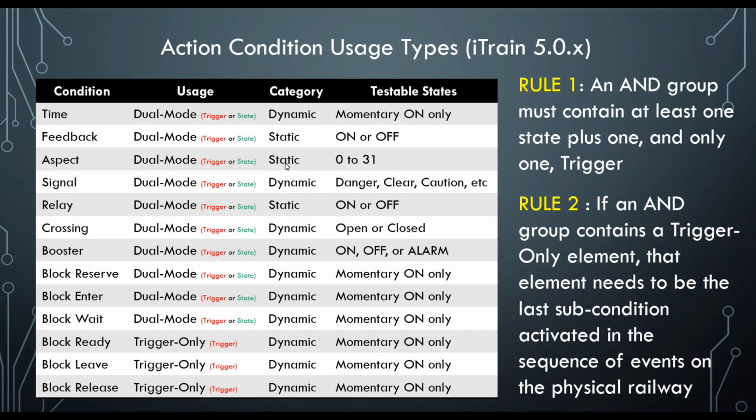Static elements, which are the feedbacks, aspects and relays, can be used as many times as we like in a group without affecting the outcome of the action. And the order in which their events occur on the physical layout will also typically not affect the outcome of the action.